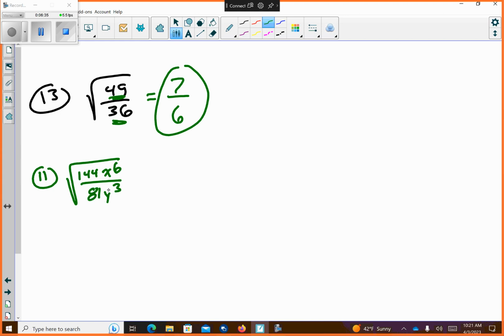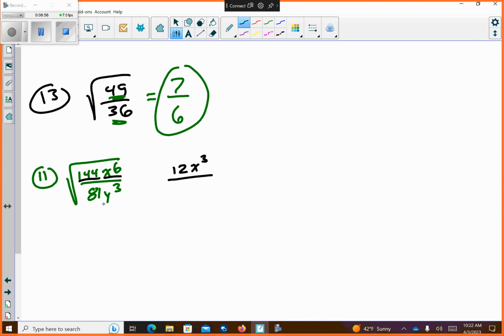All right. So, square root of 144 is 12. Is x to the 6th a perfect square? It's an even number, so it's a perfect square. So how many times does 2 go into 6? Okay.